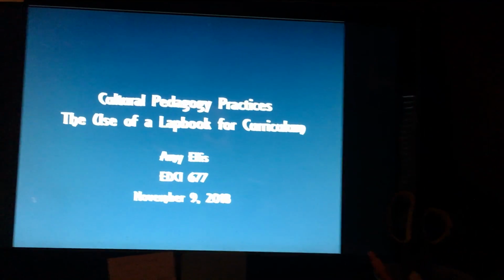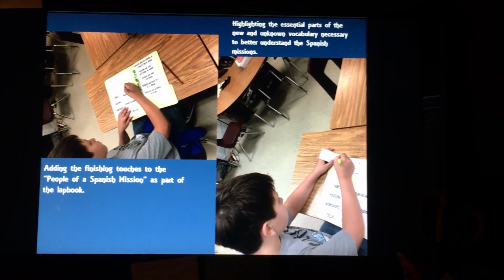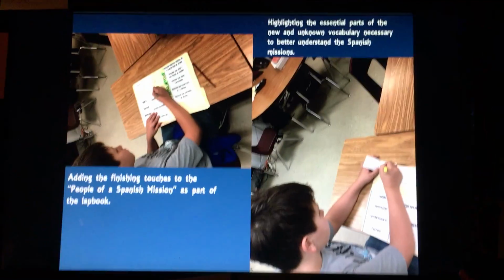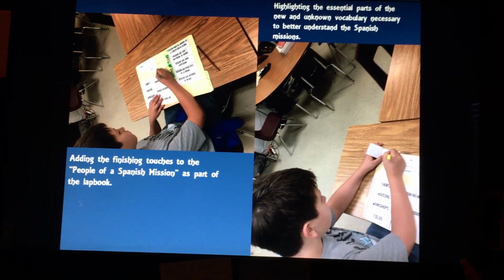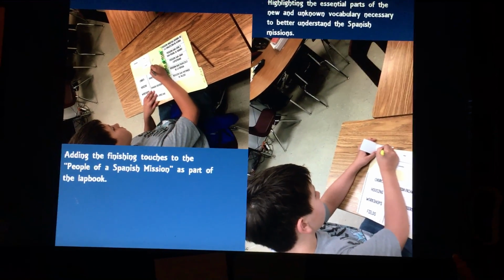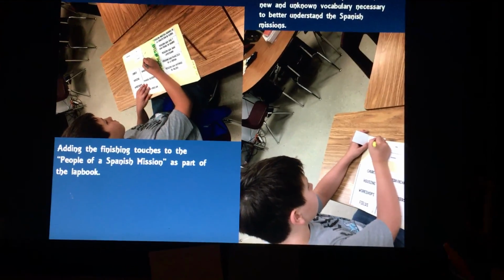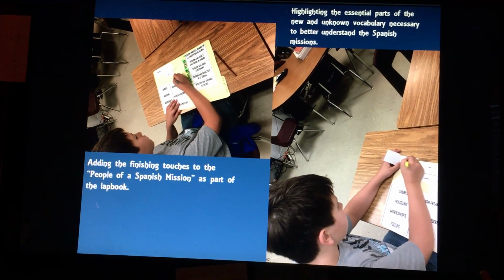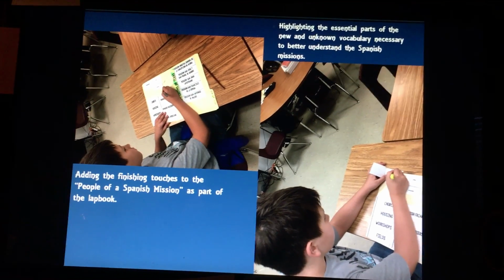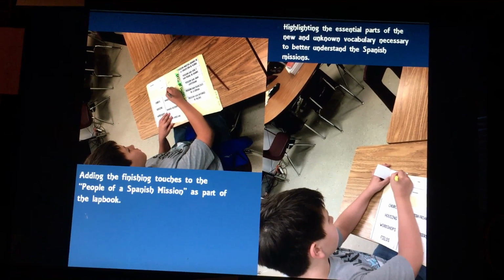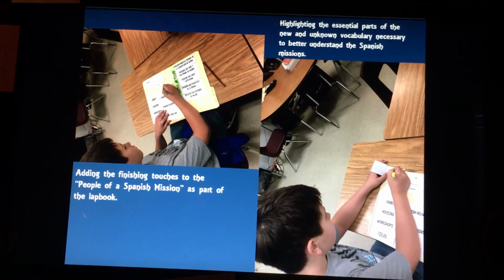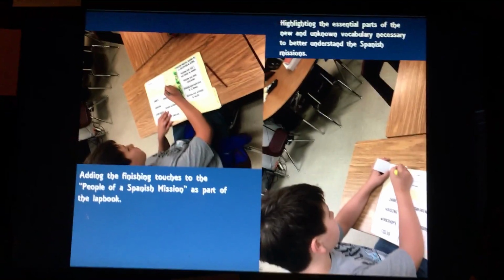Here I've gathered a few images for a lap book that my class has been completing this week. Studying the Spanish missions is an important part leading up to the rest of Texas history, and you can see on the left I have an image of my student. He is adding his finishing notes relating to a Spanish friar, which is one of the people of a Spanish mission.